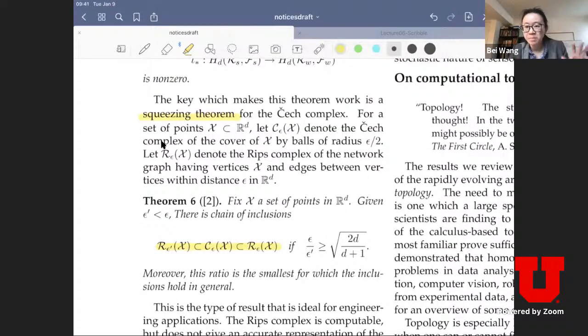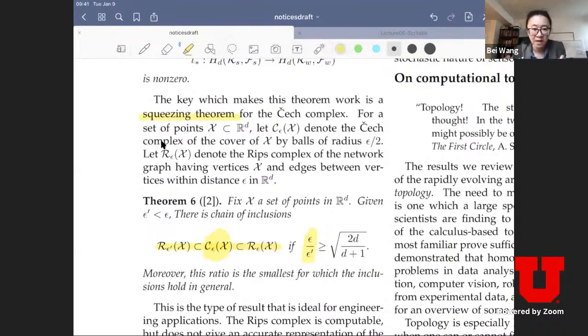Remember that at a certain range of parameters, the Čech complex, which is the middle part, is nested between a pair of Rips complexes with particular radii. And what's happening in this case is that there is a ratio between the radii that is sandwiching the Čech complex.